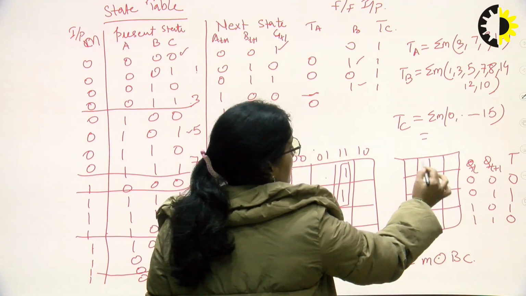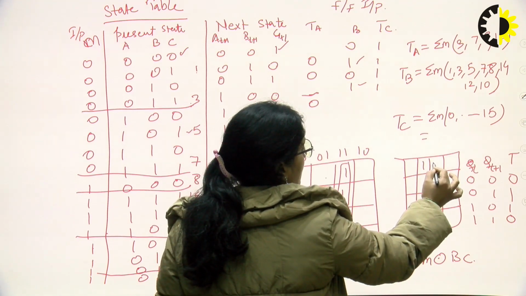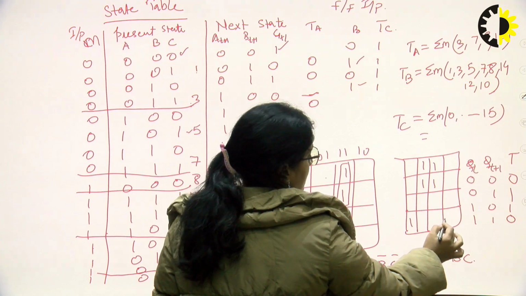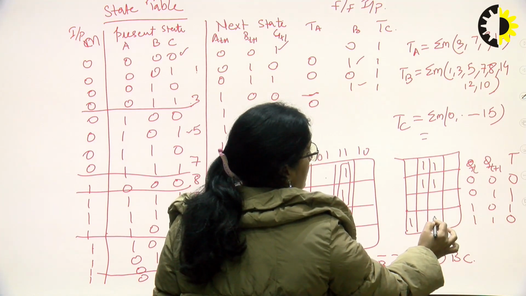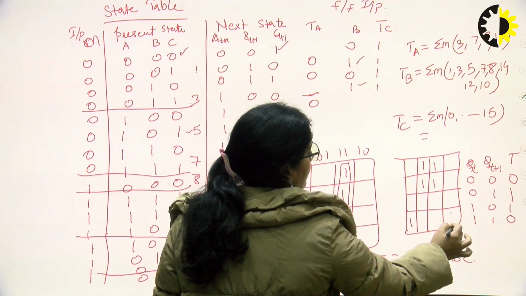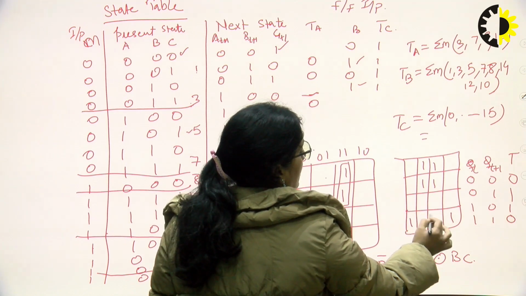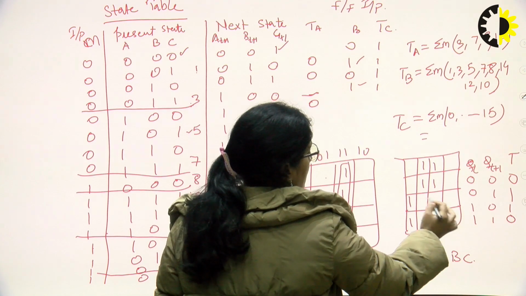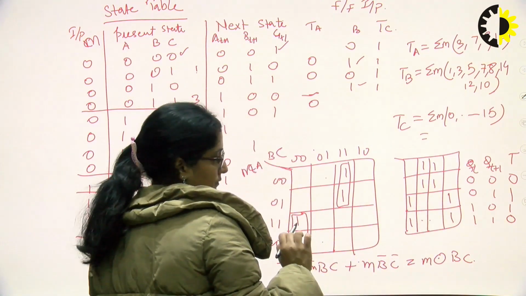for 1, 0, 1, 2, 3, 4, 5, 6, 7, 8, 9, 10, 8, 9, 10, 11, 12, 13, 14. Okay.